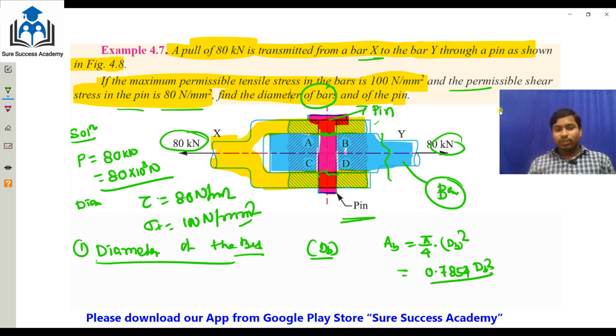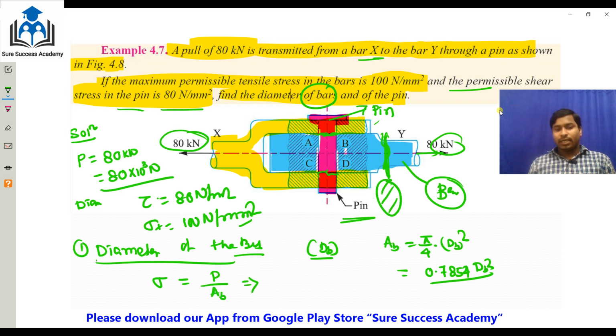And you know that it will fail due to the tensile stress, because the load is acting at this area. This is the cross sectional area, which is perpendicular to the applied load. So stress is equal to P by the resisting area of the bar.